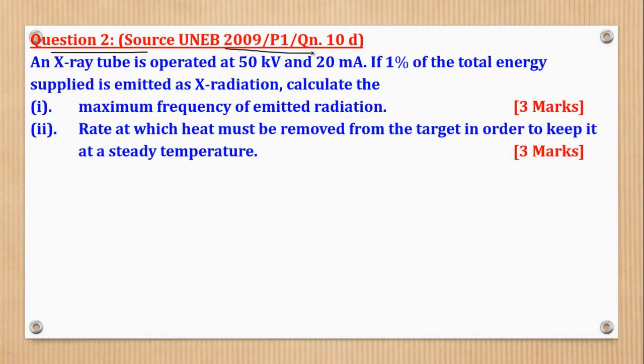Then question 2 came from UNEB 2009 paper 1 question 10d, and it says an X-ray tube is operated at 50 kilovolt and 20 milliamp. If 1% of the total energy supplied is emitted as X radiation, calculate (i) the maximum frequency of emitted radiation, and (ii) the rate at which heat must be removed from the target in order to keep it at a steady temperature.